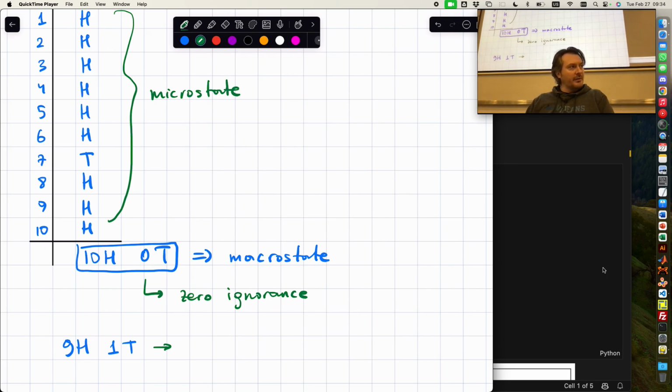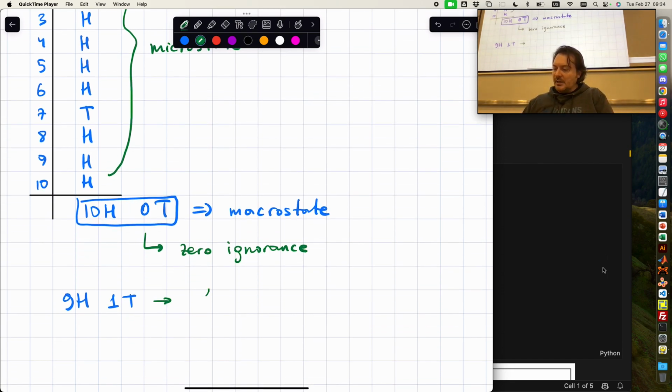It's 10%. Why are you saying 10%? Because it can be one out of 10 times I can be right. I can just guess that, let's say, 6th throw was tails and the rest was heads, and I would be wrong. I can guess 4th was tails and I could be wrong.